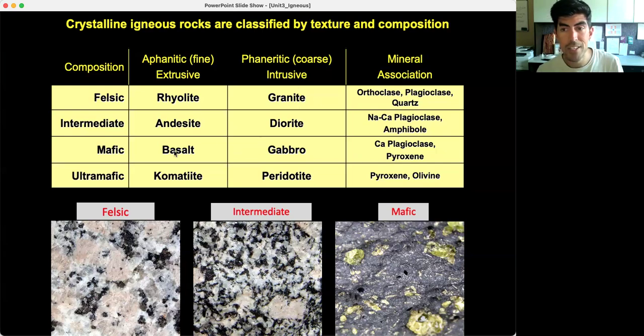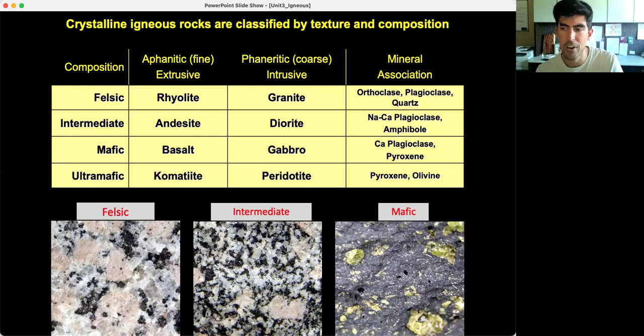Getting down here, we can see other names like basalt. Basalt is the mafic variety of lava that is put down onto the surface of the earth. If that lava never makes it to the surface, that magma stays inside of the earth and cools down, we would then have a gabbro with very large minerals. This peridotite here, this ultramafic, formed inside the earth, cooling slowly, really nice olivine crystals.